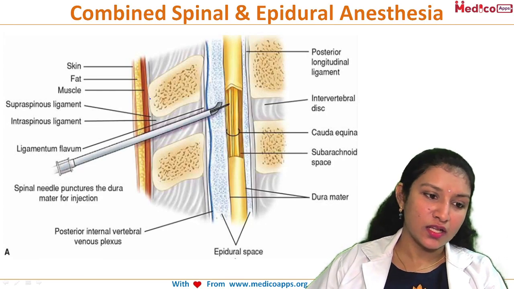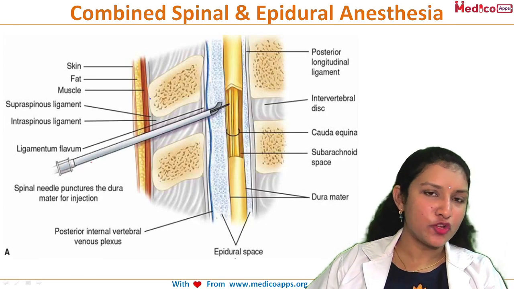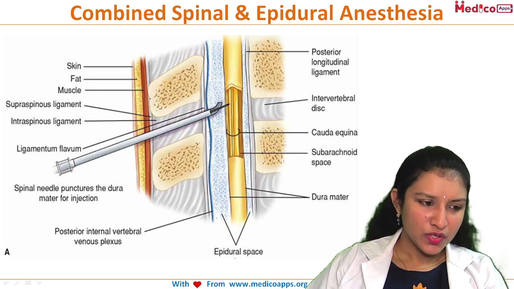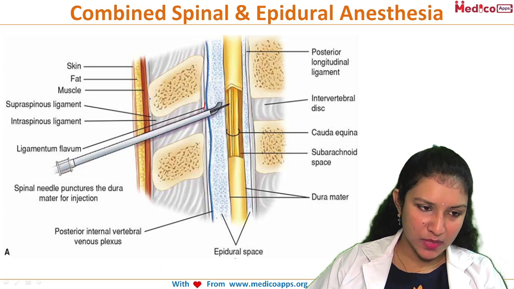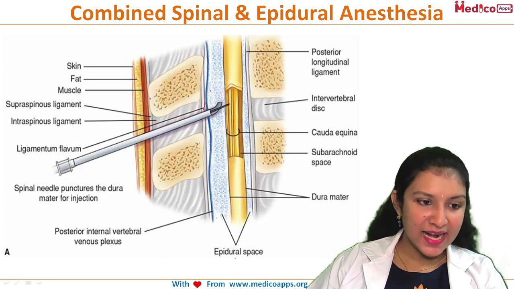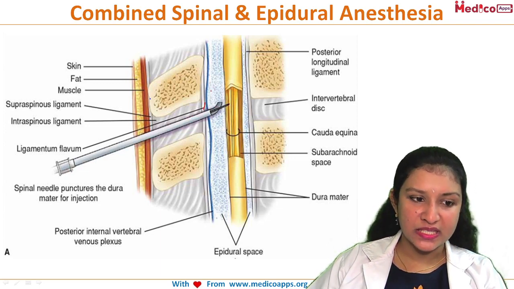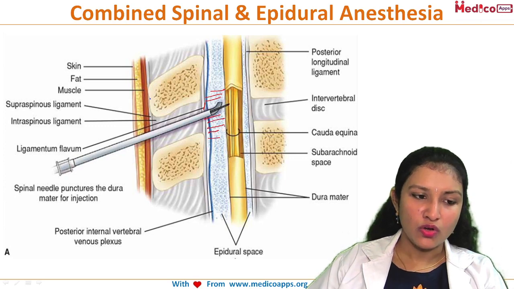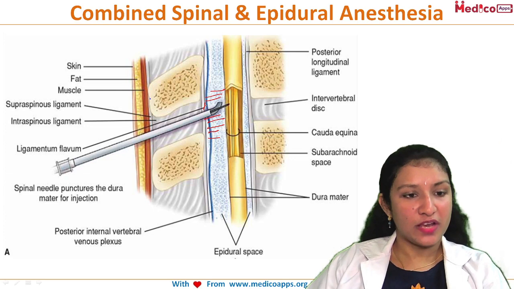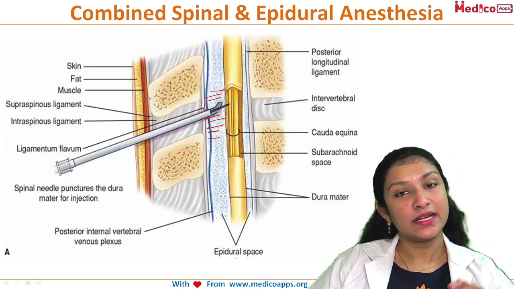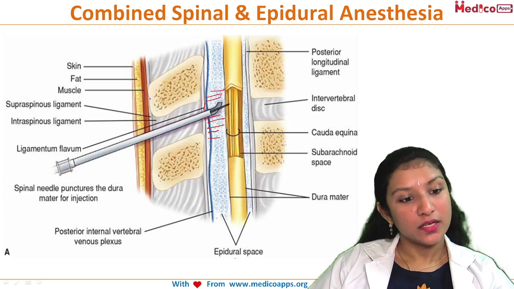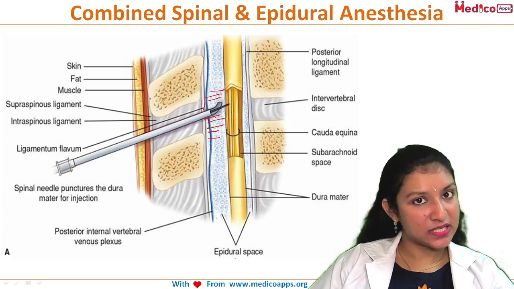Next, this is the special spinal epidural needle. Here, we have pierced the ligamentum flavum. This is the ligamentum flavum. We have pierced it and entered the epidural space. This is all the epidural space. So we have stopped the epidural needle tip at the epidural space.